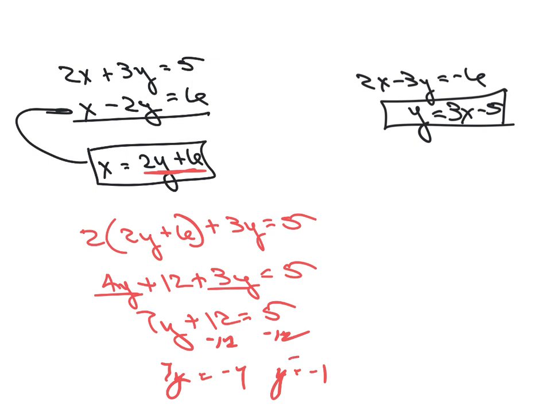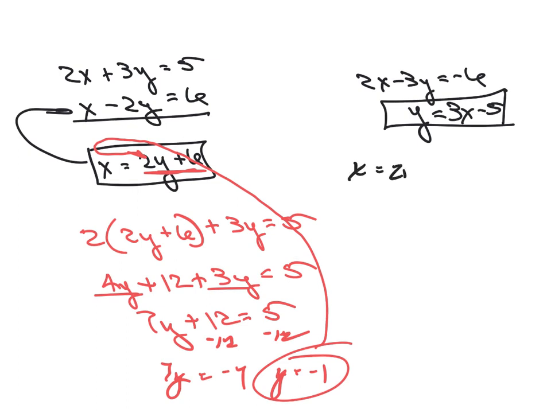Now I can take this -1 and I can put it back up into this one. So taking our equation, x equals 2y plus 6, I know there's a -1 here.